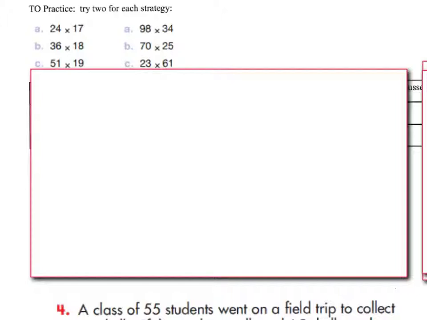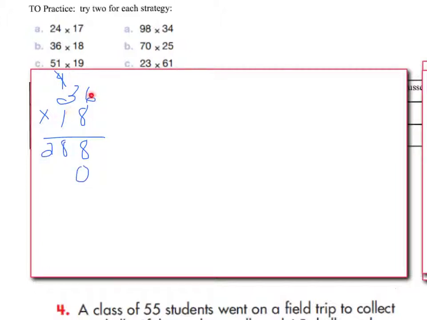All right, so 36 times 18, algorithm method. Starting at the ones place, 6 times 8 is 48. So I put my 8, I carry my 4. 3 times 8 plus 4, well 8 times 3 is 24, plus 4 makes that 28. Put in my placeholder, get rid of what I borrowed so I don't use that number again.